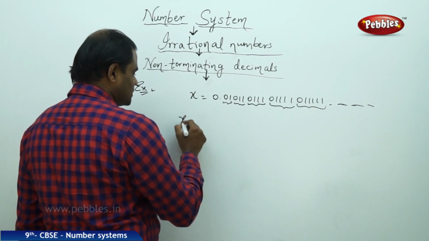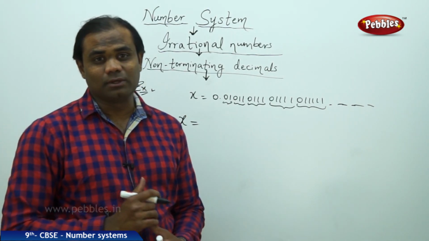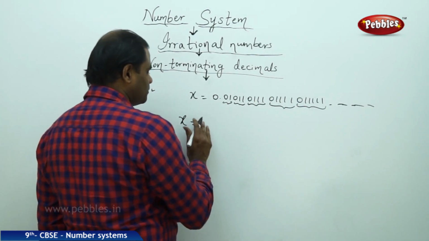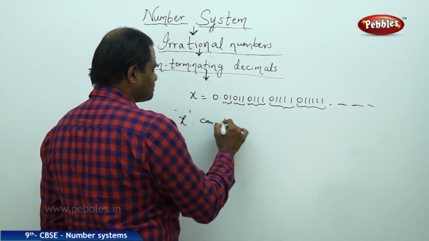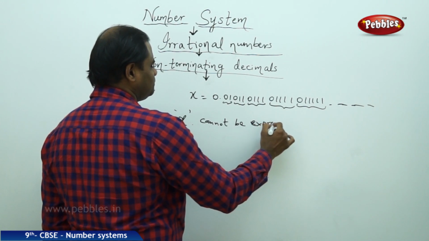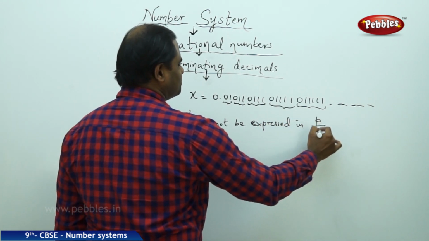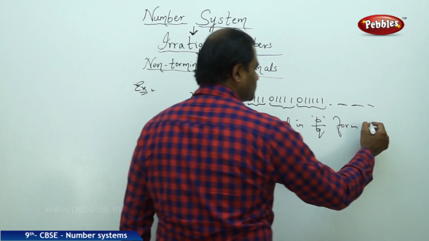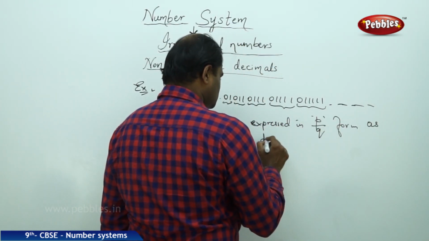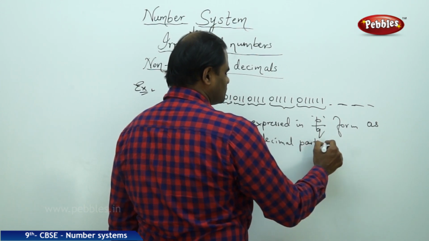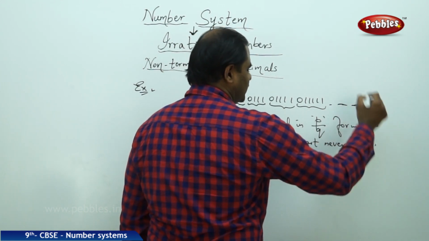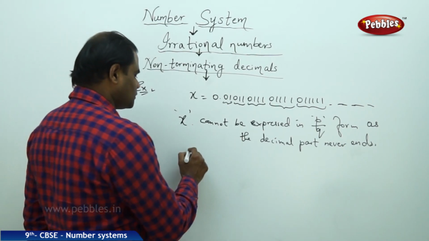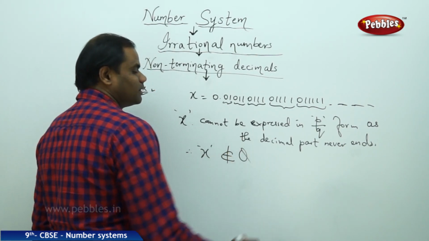Now, for the test, this should be expressed in the form P by Q, but because it never ends on the right, this cannot be expressed in the form P by Q. X cannot be expressed in P by Q form as the decimal part never ends, and therefore X cannot be a rational number.